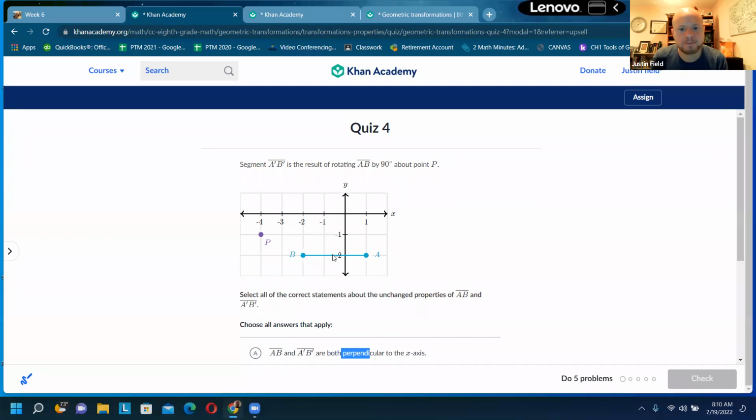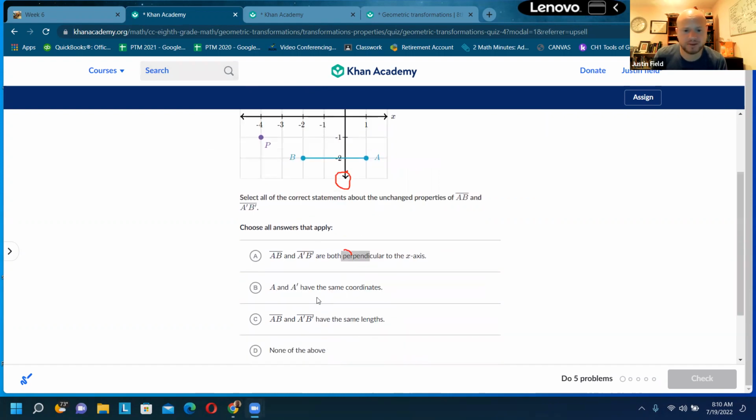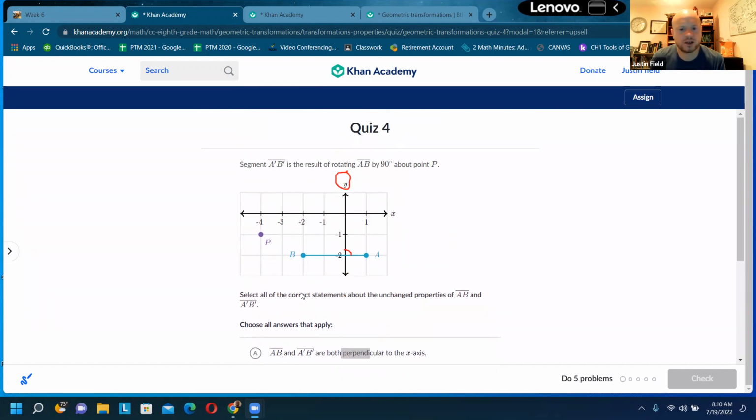Segment AB is perpendicular to the y-axis. See that? The right angle it forms? It's actually parallel to the x-axis. So that's not right. A and A prime have the same coordinates.